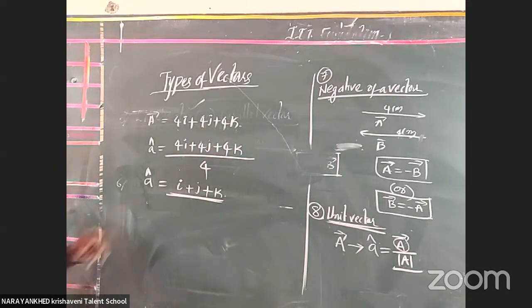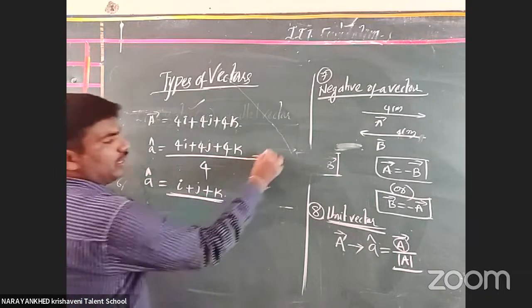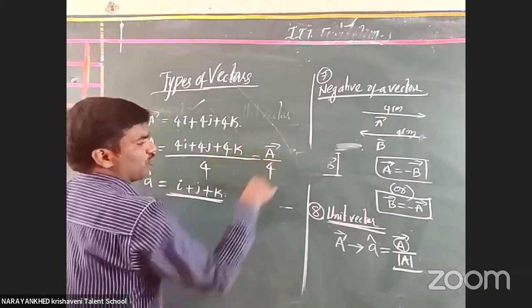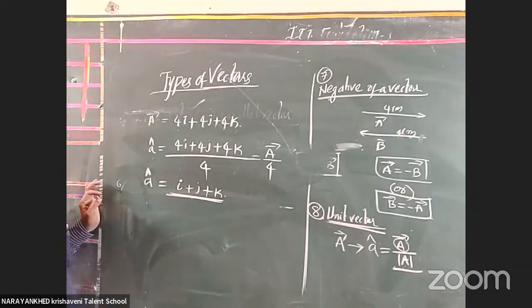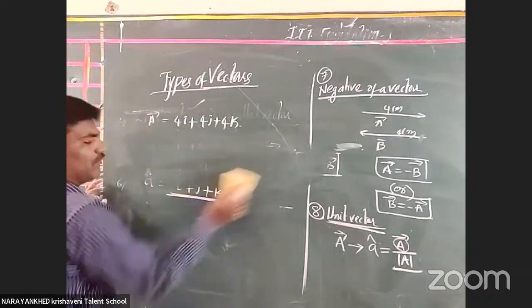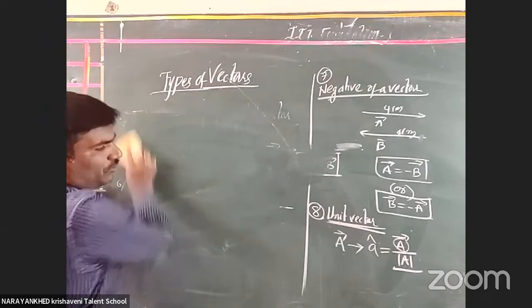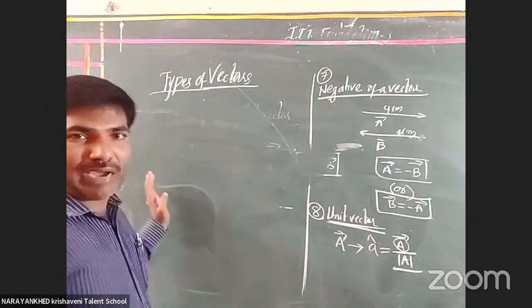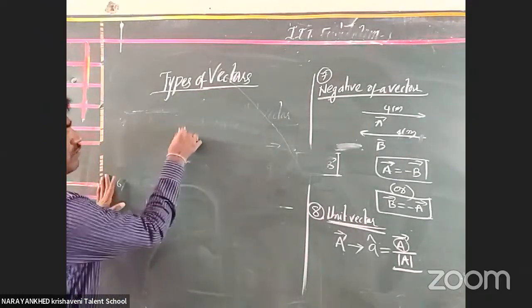Understood or not? This is simply a bar by 4. Now what is the magnitude of it? 4, that is what we are considering here. The magnitude is different here; I am just taking an example for you. Another formula is there for the magnitude.